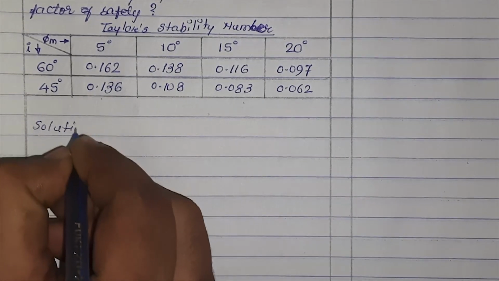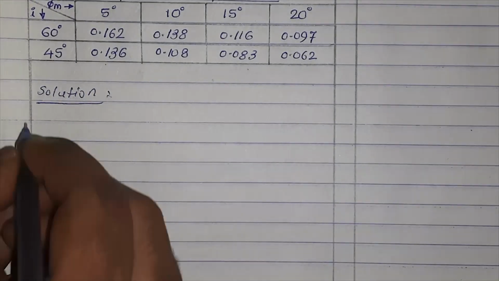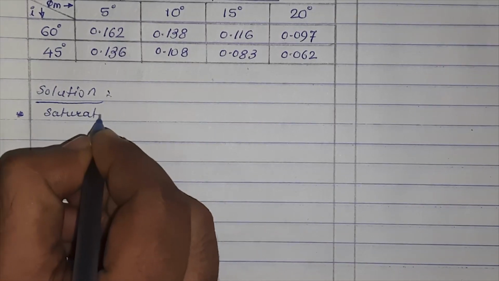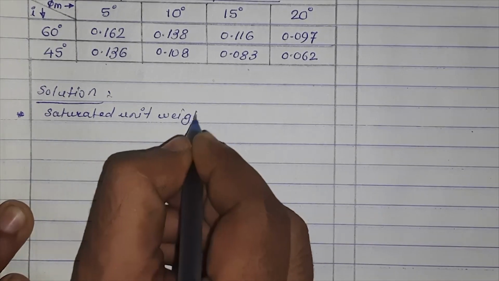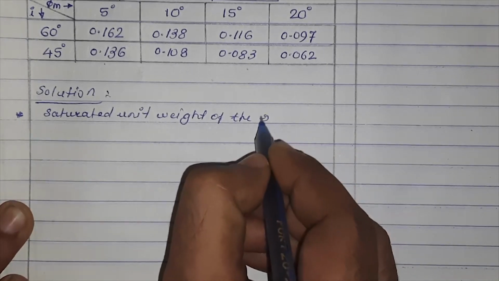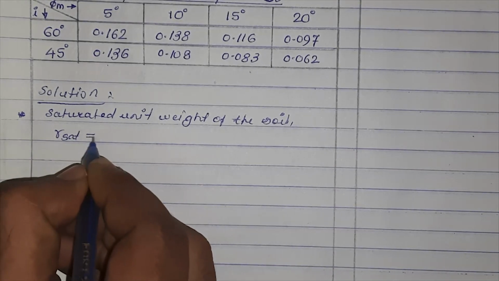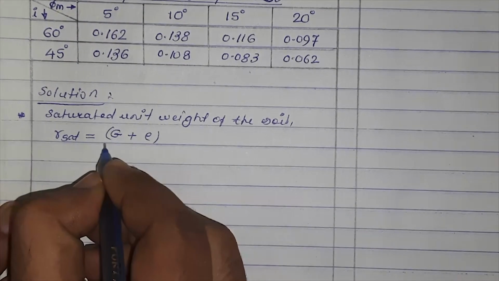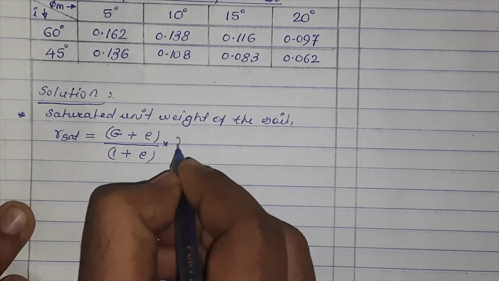Solution. Saturated unit weight of the soil. So gamma saturated is equal to (G plus e) divided by (1 plus e) multiplied by gamma w.